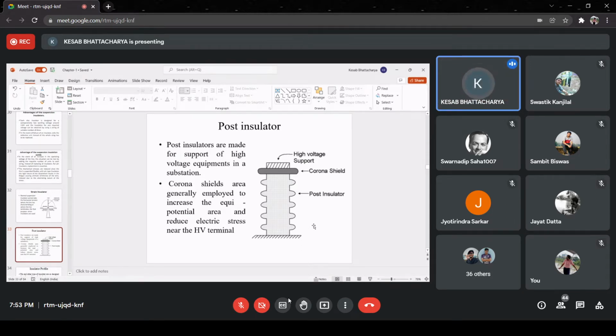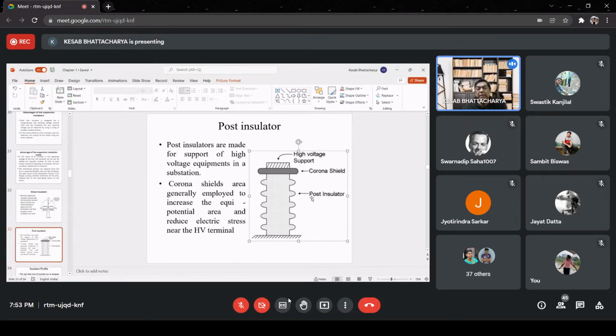There, have you seen any post insulators of this form? No, I think you didn't notice actually. Really, in the high voltage laboratory, many times you have to deal with high voltage electrodes, right? Now, this is not really a high voltage support. This is a high voltage electrode. I'll make the correction in the note that I shall send you.